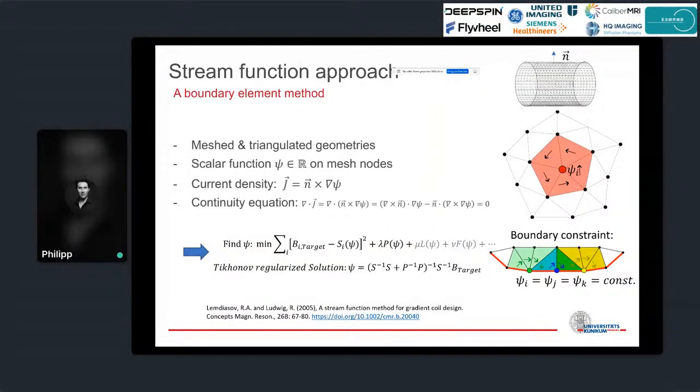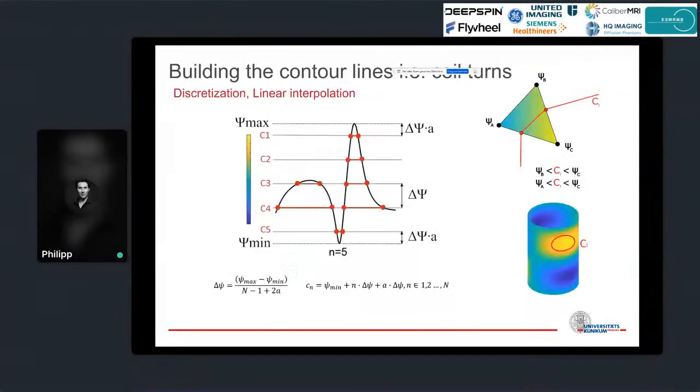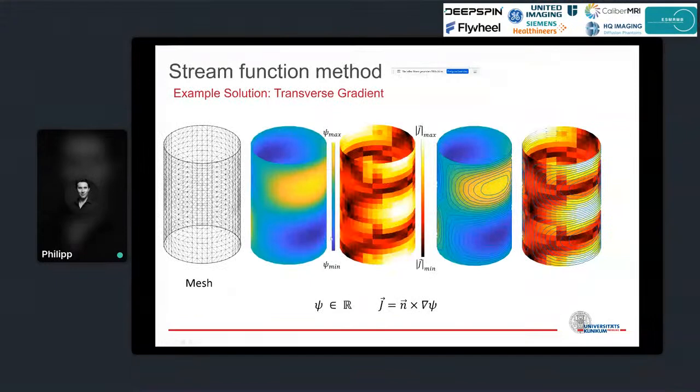The optimization process is then solving the equations and getting a stream function, and this stream function is not directly the coil you get, but an indirect quantity. You then have to discretize it to build your turns and the wire trace from that. So the optimization part in the stream function approach would be to solve the equations and get your stream function, and then there are post-processing steps which give you the final layout.